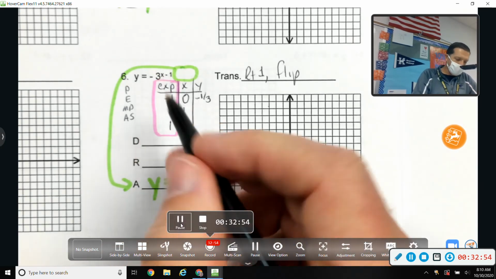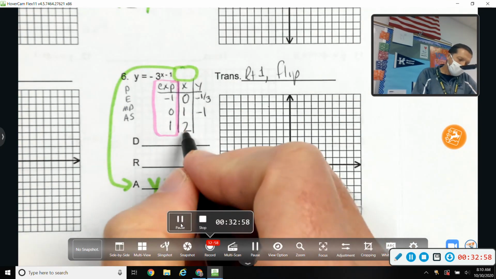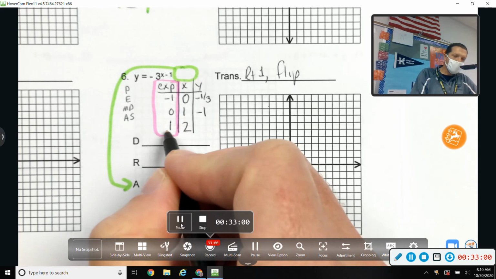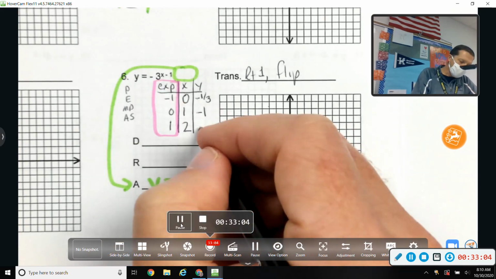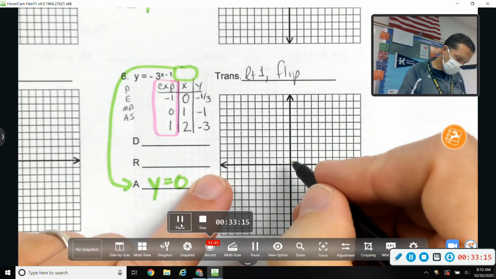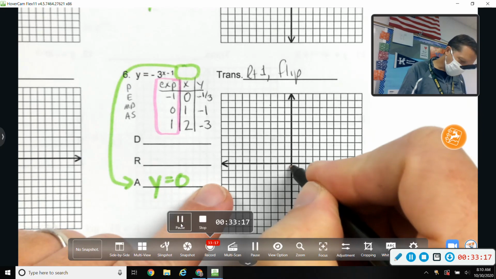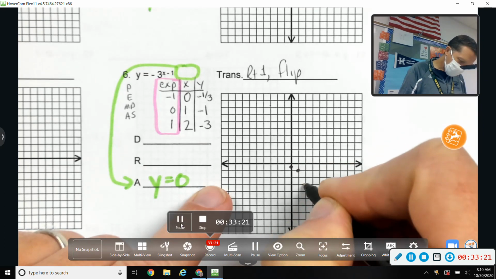So negative 1. If we plug in 2, the exponent's 1. 3 to the first is 3. Then put the negative on. Negative 3. Again, with the 3 key points, we should capture the turn, although I guess it turns differently this time. 0, negative 1/3; 1, negative 1; 2, negative 3.